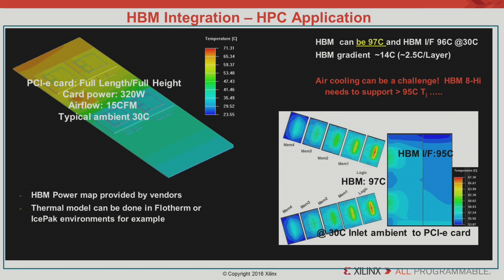And as Kevin alluded to earlier, the max junction temperature is usually rated to 95 degrees C. So it is certainly something that, from a system level, companies have to pre-plan the cooling solutions. Also, the thermal models themselves are quite standard. Usually they are simulated in a FloTHERM or an Icepak environment.